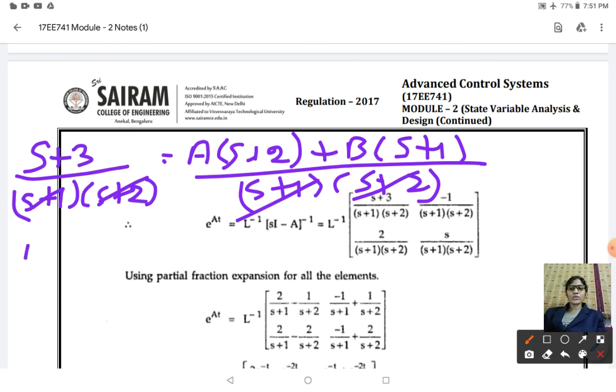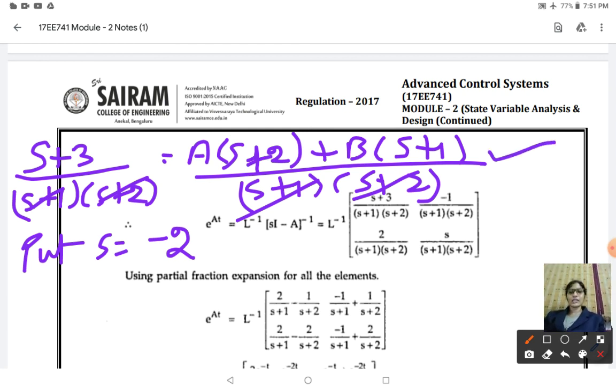So in this you need to put s is equal to minus 2. When you put s is equal to minus 2, your A term will get cancelled from this equation. So when it gets cancelled, you will be getting minus B is equal to 1.